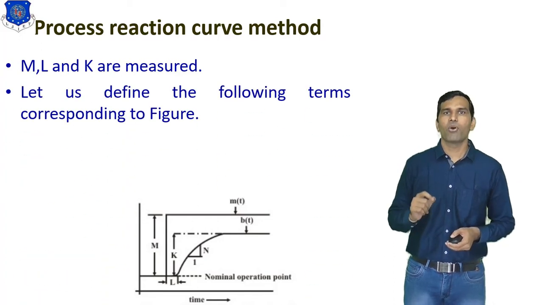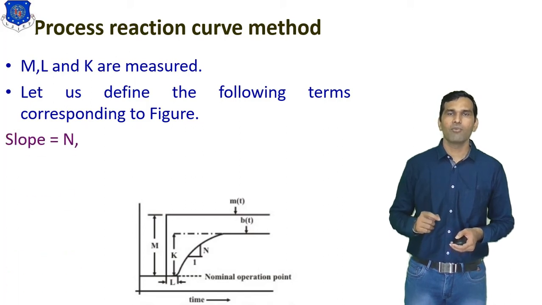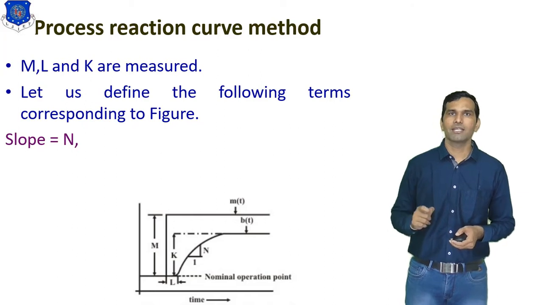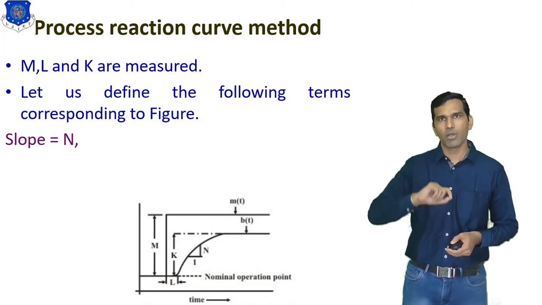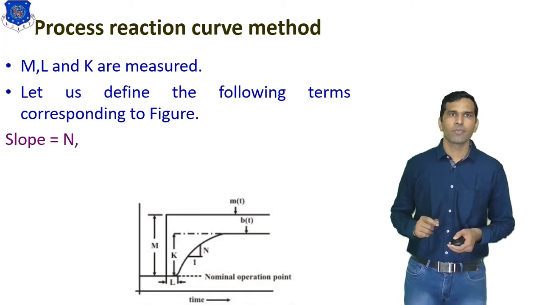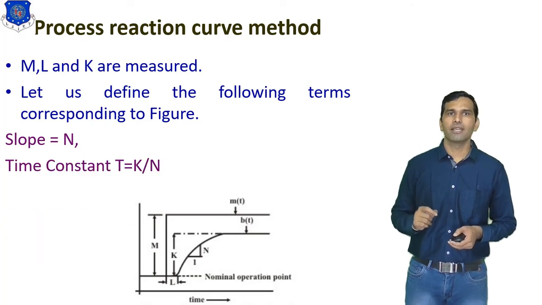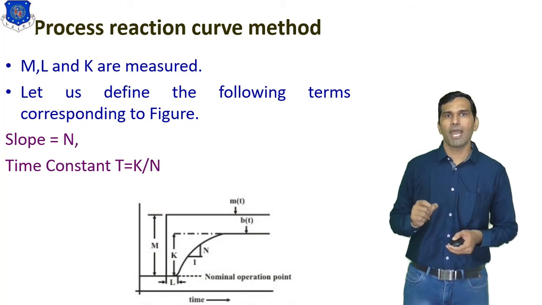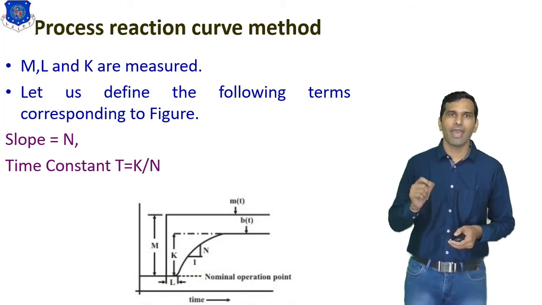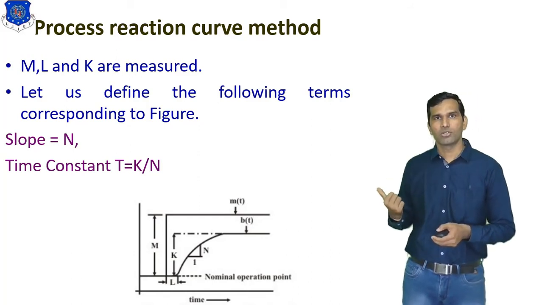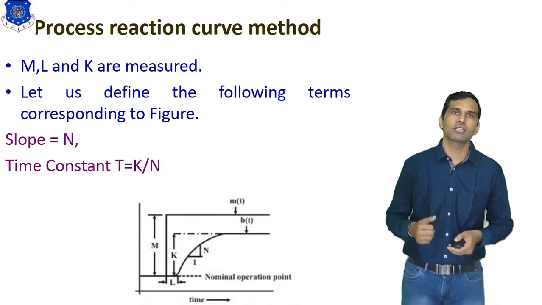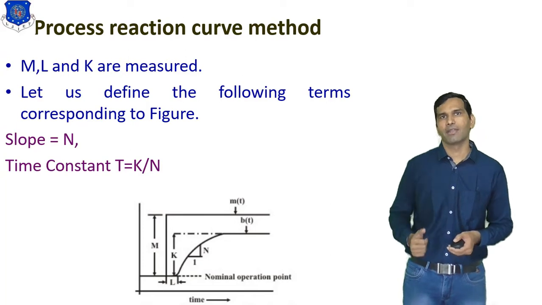Let us define the following terms corresponding to the figure. Here in this figure, N indicates the slope of the curve, then the time constant T is defined by K by N. So we have the values of K and N from the graph, so we can get the time constant by using the equation T = K/N.